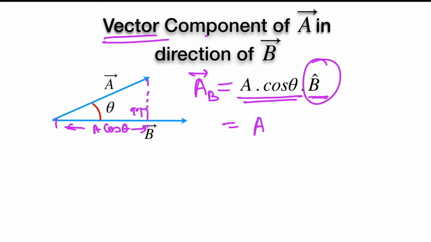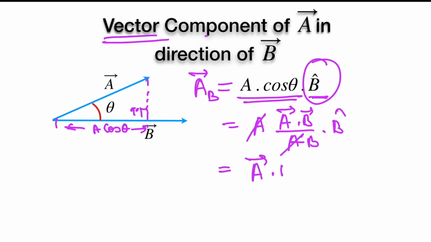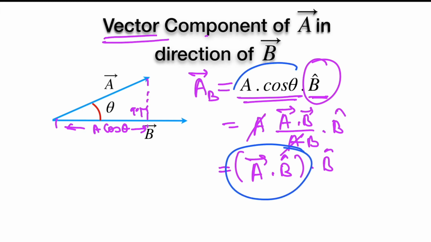Here cos theta can be written as A dot B divided by AB, and B cap as it is, and this will cancel out. This can also be written as vector A dot product with unit vector B, and then B cap. See, this particular expression is nothing but A cos theta. So we can find it in either of these two ways.